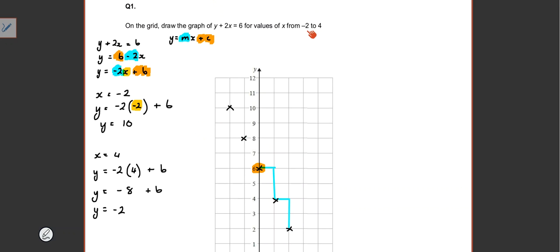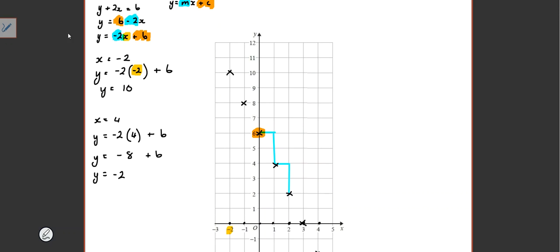So they thought the points are only minus 2, minus 1, 0, 1, 2, 3, 4. But you guys know what falls in between those points? Lots of points, an infinite number of points. And how do you draw an infinite number of points? You draw a line. It's the only way to draw an infinite number of points. So that's why you have to draw the line.